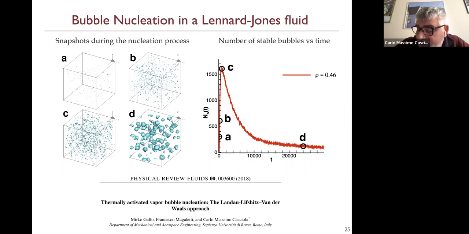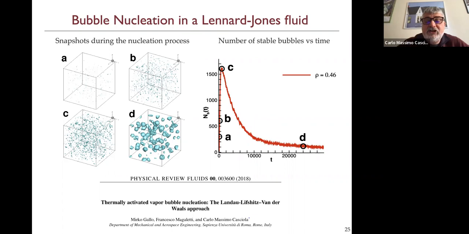The nucleation rate is defined as the number of bubbles that you form per unit time and unit volume in the system. The number of bubbles versus time is shown in the plot on the right. And you see that initially the number of bubbles grows linearly with time until, given the constraint on the volume, the system gets compressed as the bubbles develop. So the number of bubbles that nucleate per unit time decreases until a maximum is reached, and then another kind of dynamics takes place.